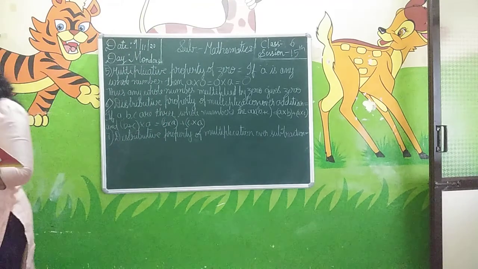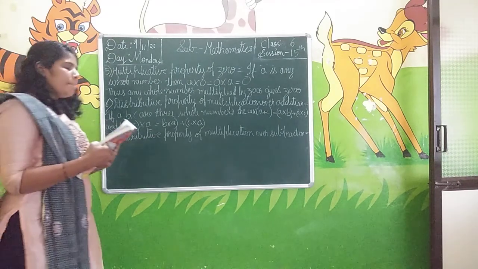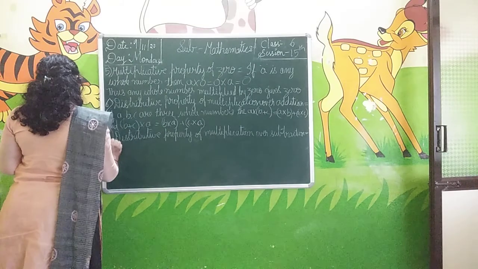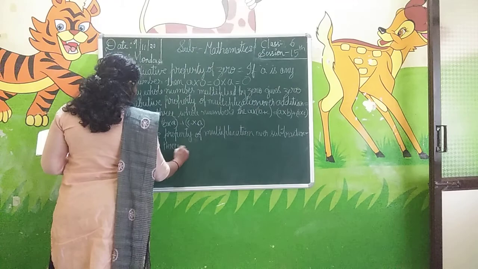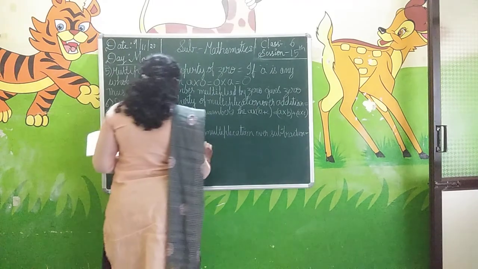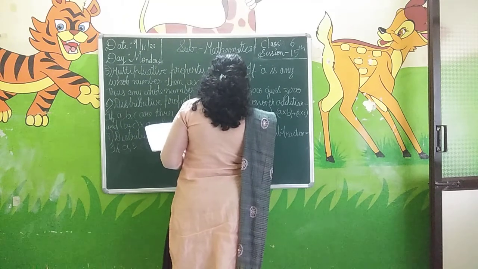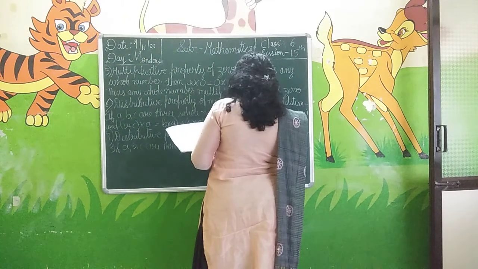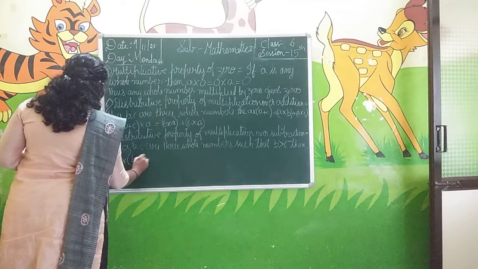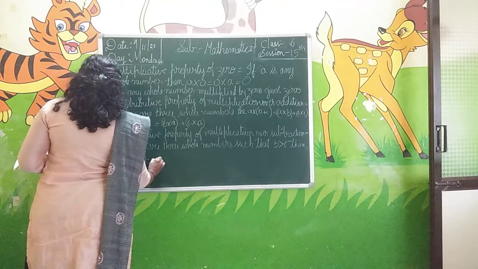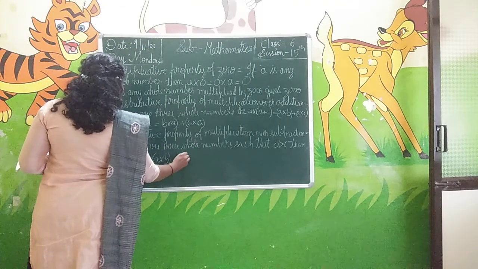If a, b and c are three whole numbers such that b is greater than c, then a into (b minus c) is equal to a into b minus a into c. a is multiplied with b, minus a into c.